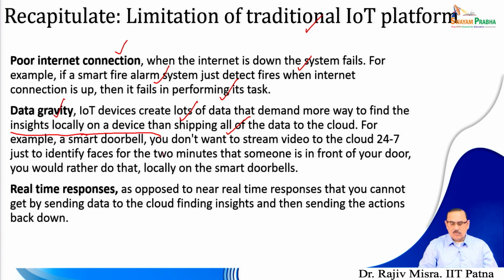For example, with a smart doorbell, you do not want to stream the videos to the cloud 24/7. It just has to identify the faces for 2 minutes that someone is in front of your door, and you would rather do that locally on the smart doorbell.